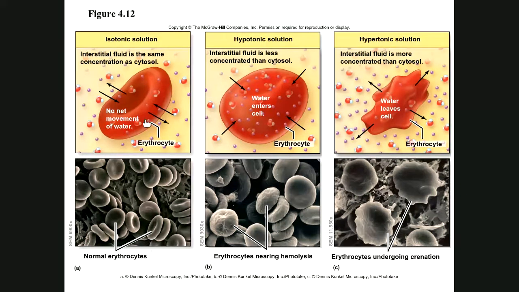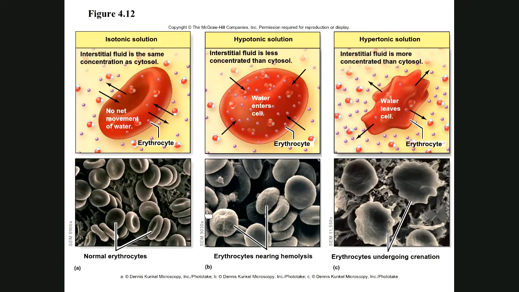In a hypotonic solution, the solution is more dilute, meaning that it has more water molecules outside of the cell than inside the cell. It contains a lower concentration of non-penetrating solutes on the outside.